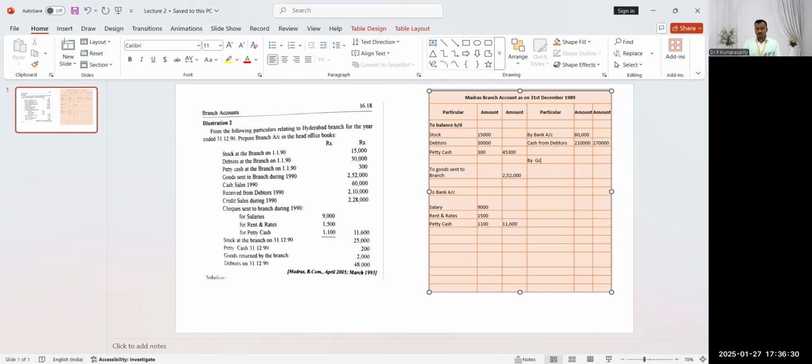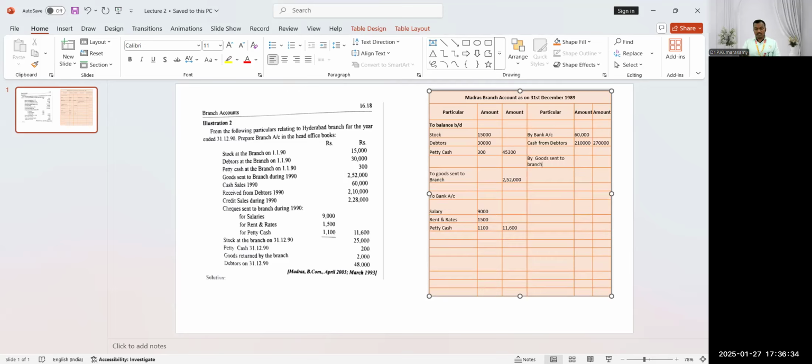So by goods sent to branch, how much are they returning to the head office? For the value of rupees 25,000. Goods returned. The journal entry is goods sent to branch to Madras branch account. This one is okay.